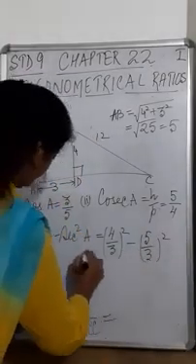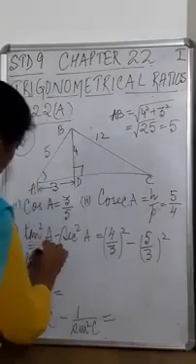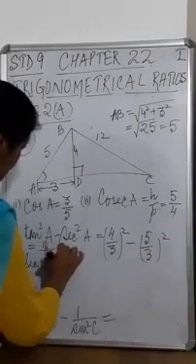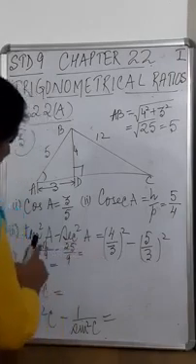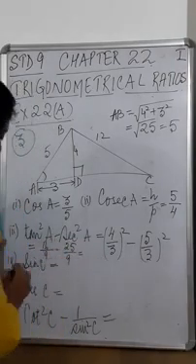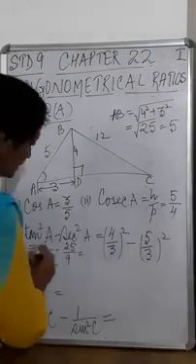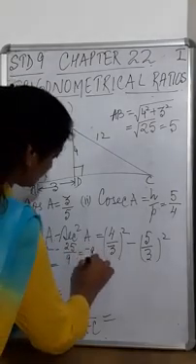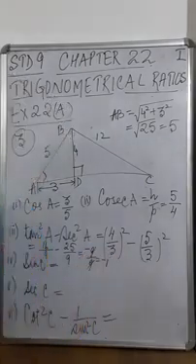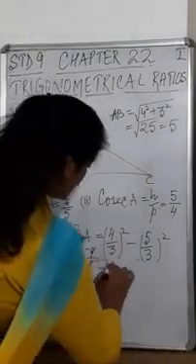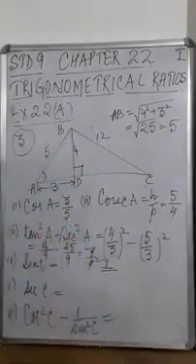This is equal to 16 by 9 minus 25 by 9, which is equal to 16 minus 25 is minus 9 by 9, which is equal to minus 1. So tan square A minus sec square A is minus 1.